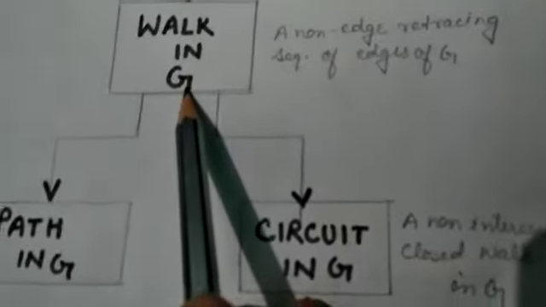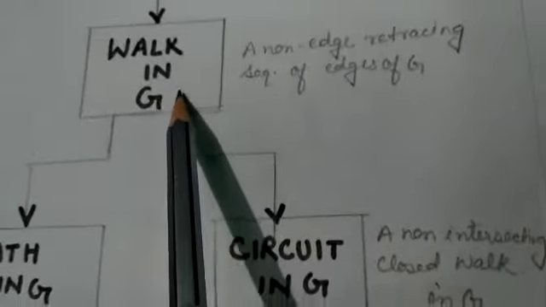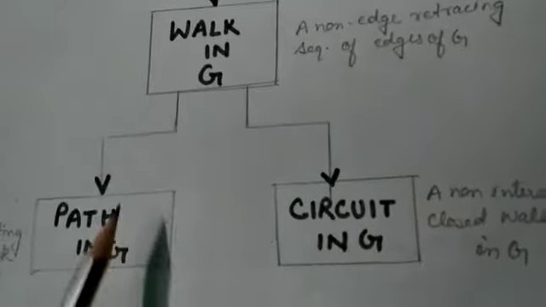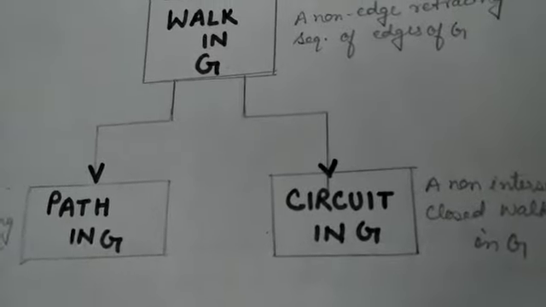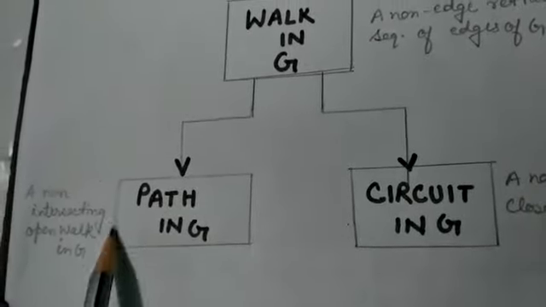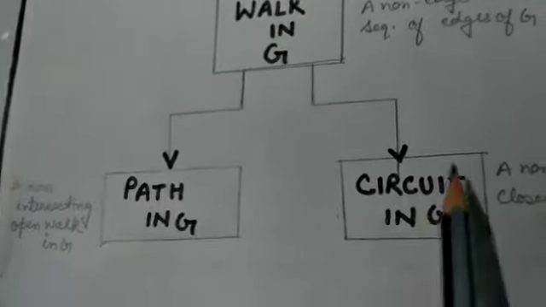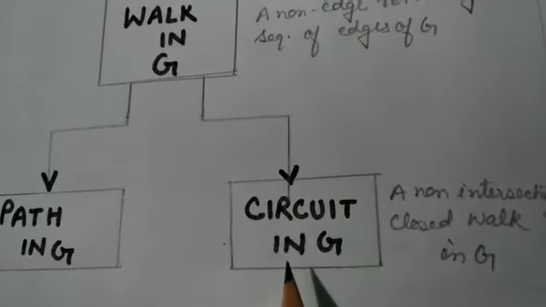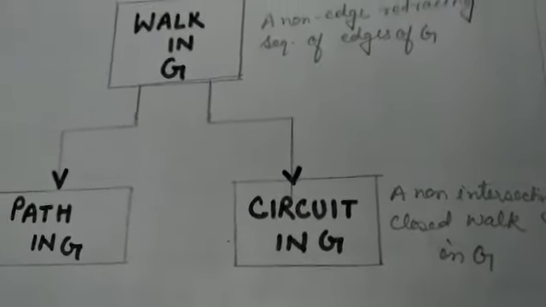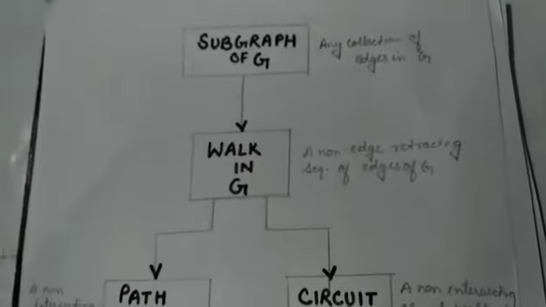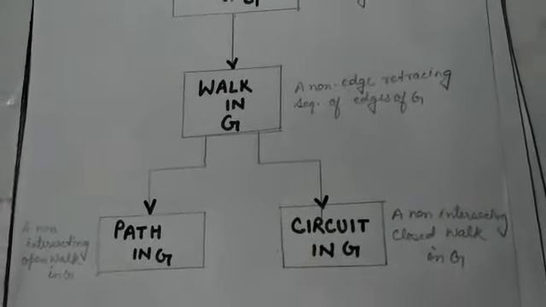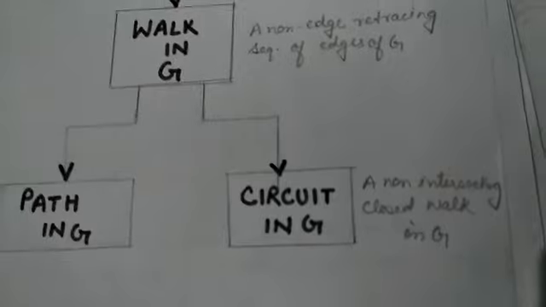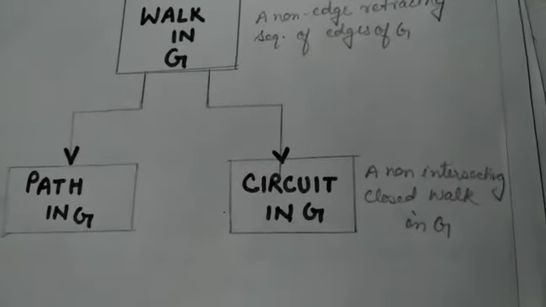A walk in the graph G is a non-edge-retracing sequence of edges of the original graph G. A path is a non-intersecting open walk in the graph G, and a circuit is a non-intersecting closed walk in G. So walk, path and circuits are shown here as subgraphs. So this is what we have studied today: what is a subgraph, induced subgraph, walk, path and circuit. Thank you.